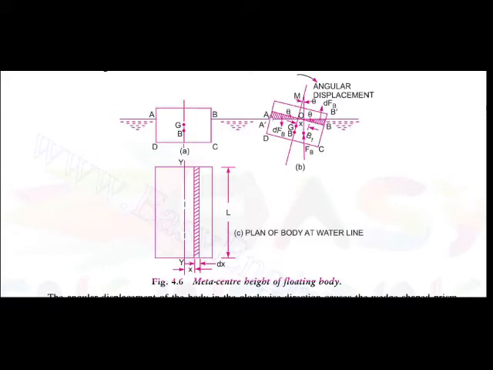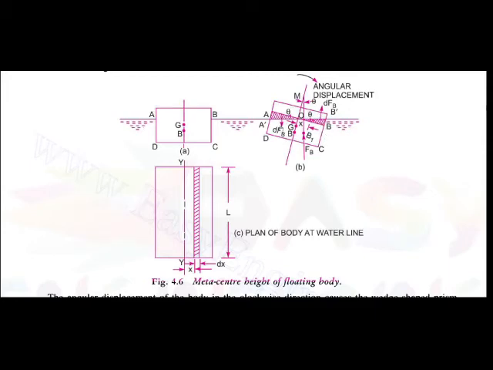Okay, and in the prism OA dash, the force dF is acting downward, because this wedge shaped prism emerges out from the liquid. So this dF is acting downwards. Then look into these two forces dF and dF1.